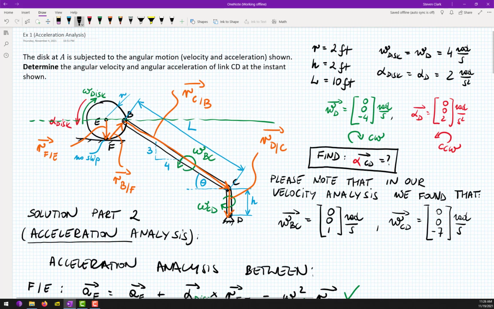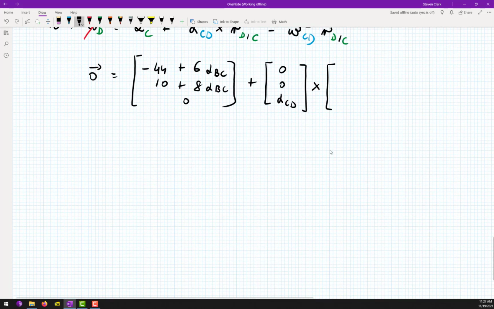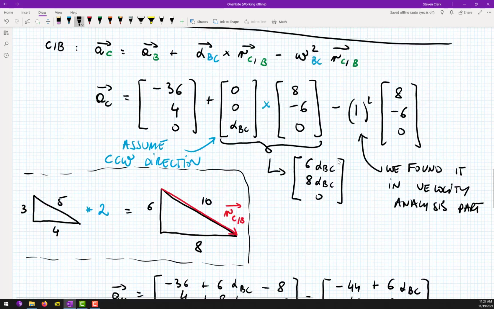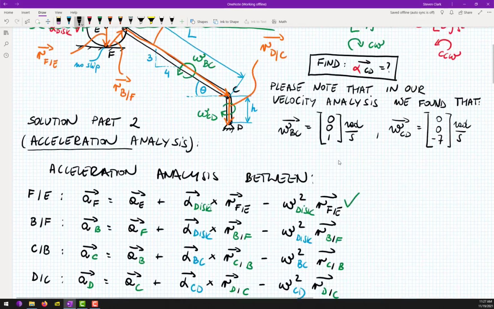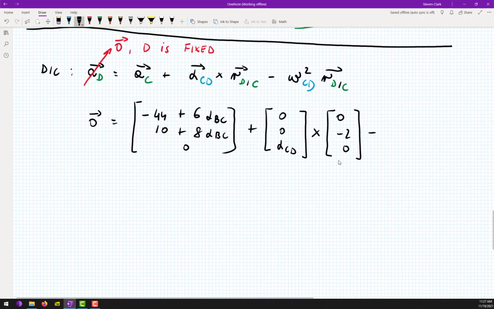RDC is here, and its components are 0, minus h, 0, and h is 2. So it will be 0, minus 2, 0, minus, oh my goodness, this value squared. I forgot what that value is, sorry. It's minus 7 or 7, doesn't matter, it's squared anyway. So it will be 7 squared times the same vector.